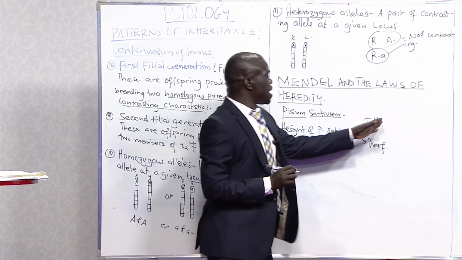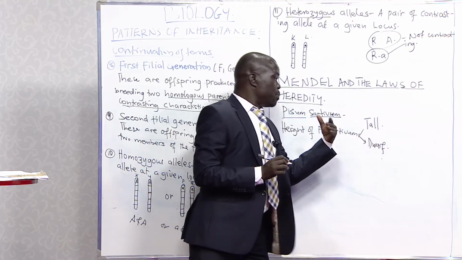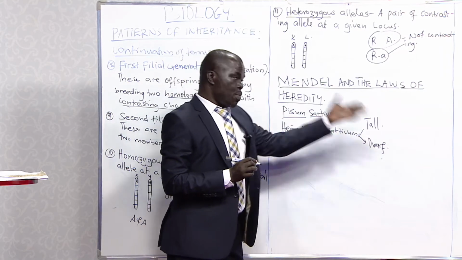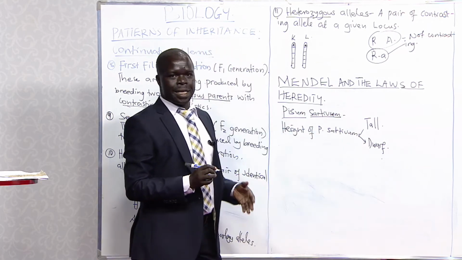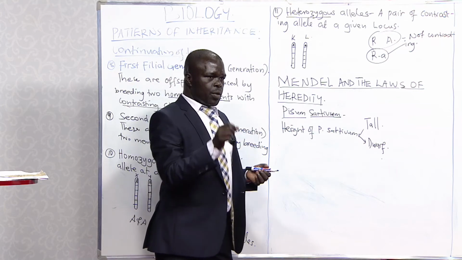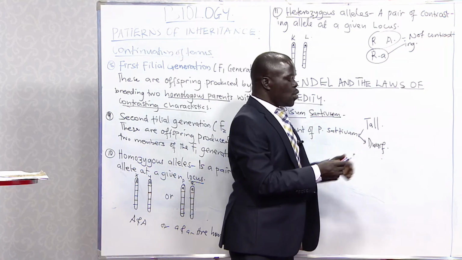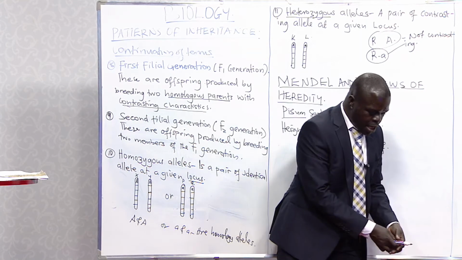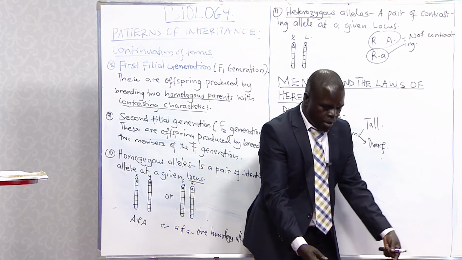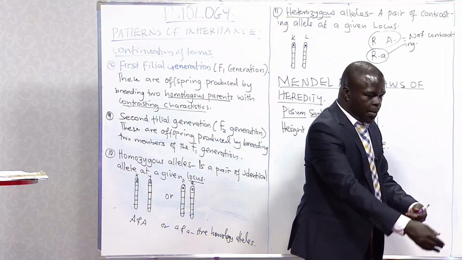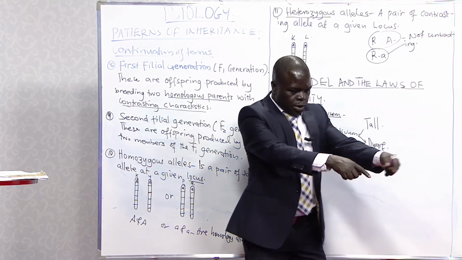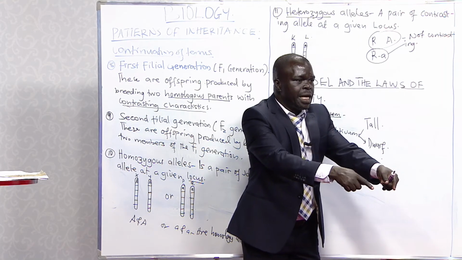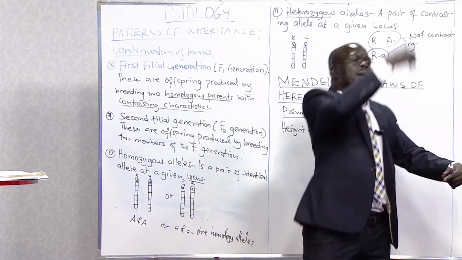If he bred a tall plant with a tall plant, that is, dusting pollen grains from one tall plant onto another tall plant, cross-pollinating them, the results come tall. Then those you planted again, you cross-pollinate, and they become tall.